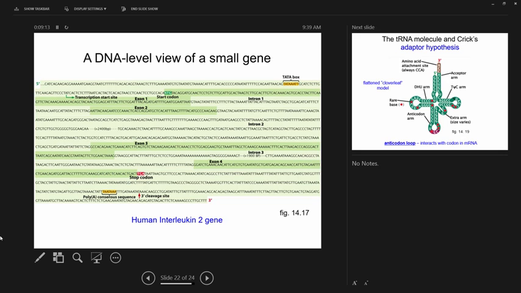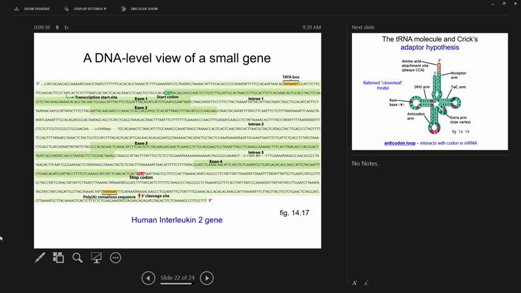So those of you who are in immunology recognize that this is an inflammatory signaling molecule, interleukin 2, and so this is the gene for it. So only one strand of the DNA is shown. The other strand would be the reverse complement of this, and so right here is the TATA box.